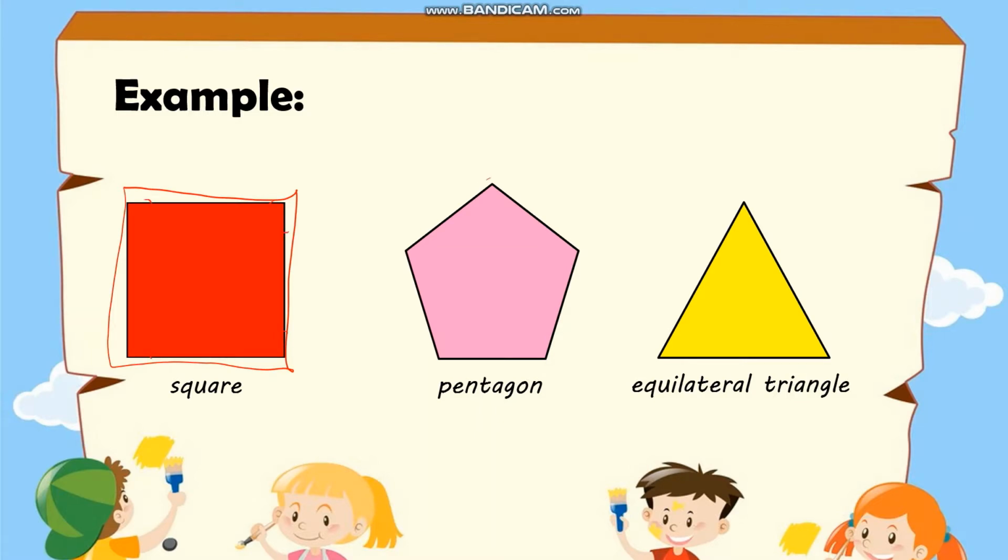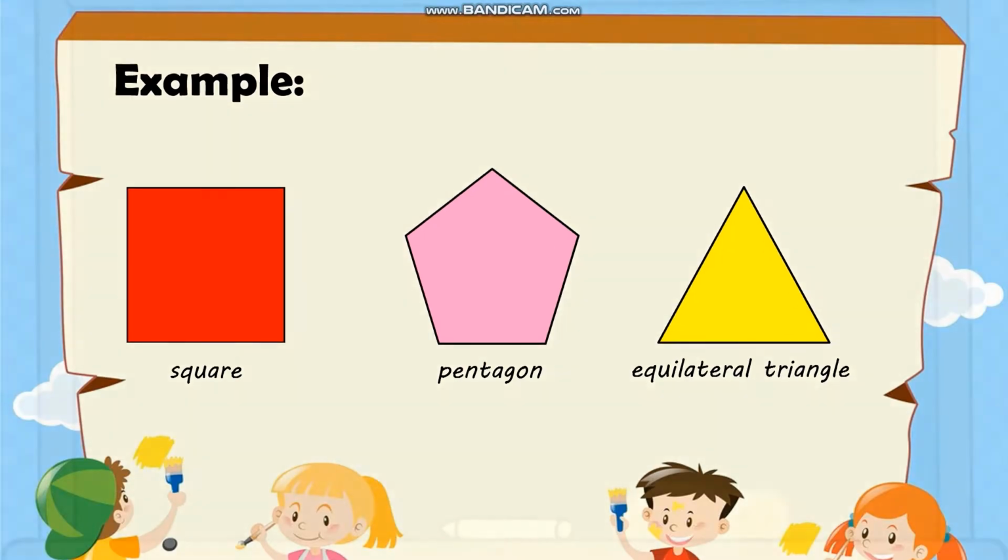Same here with the pentagon. Sides are of the same measurements and the angles are all the same or equal to each other. Also this equilateral triangle, the sides are equal and even the angles. Okay, so we call this regular polygon.